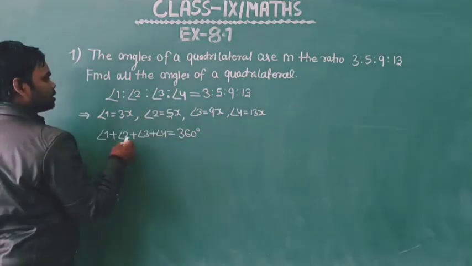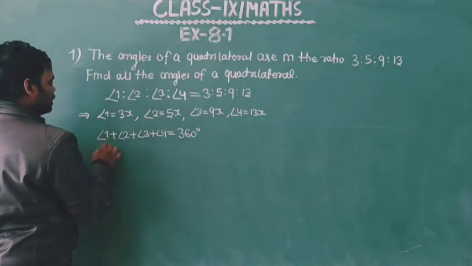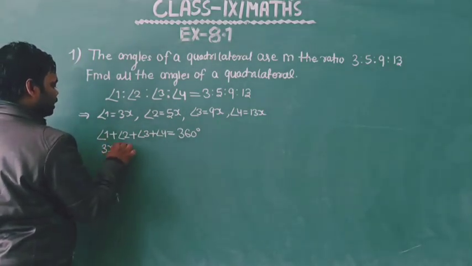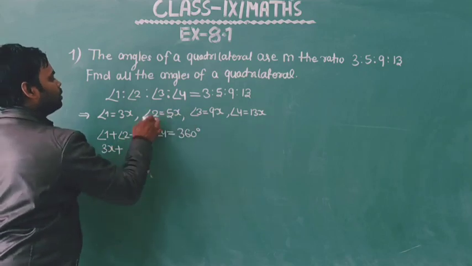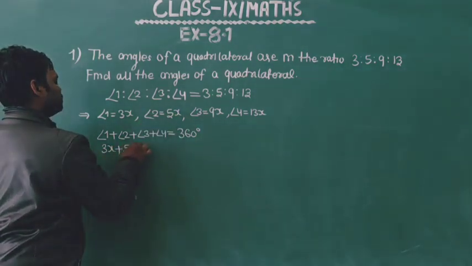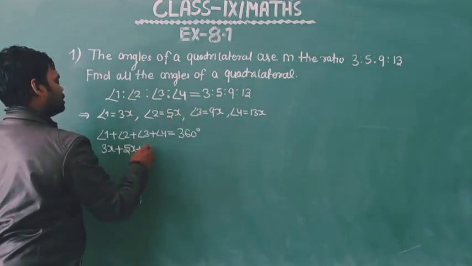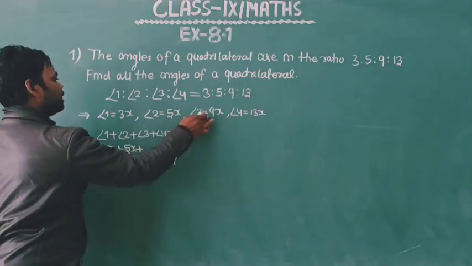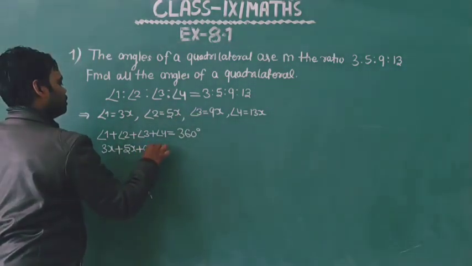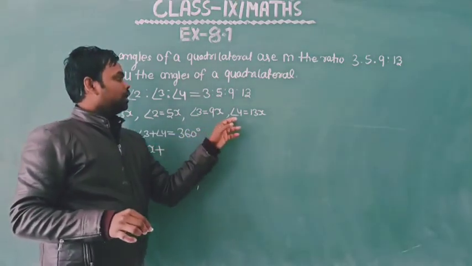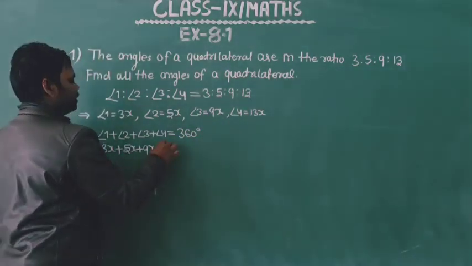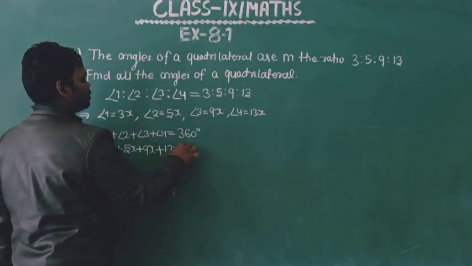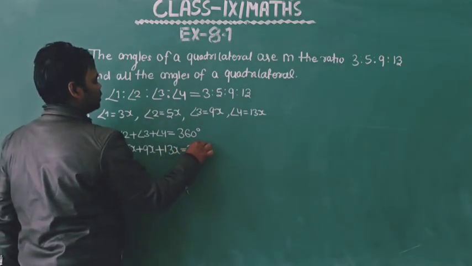Here angle 1 is 3x, angle 2 is 5x, angle 3 is 9x, plus angle 4 is 13x, equal to 360 degrees.